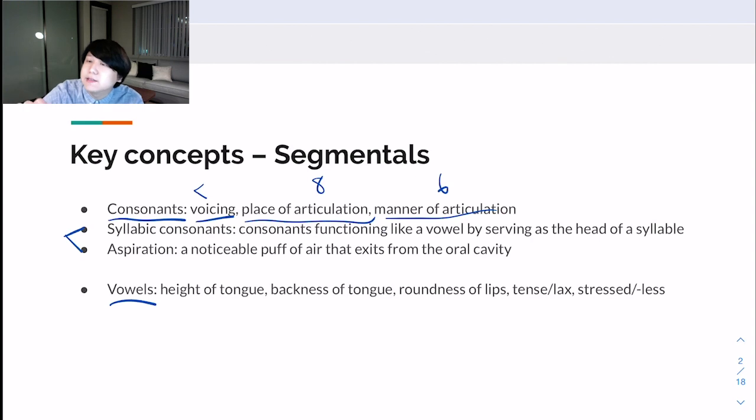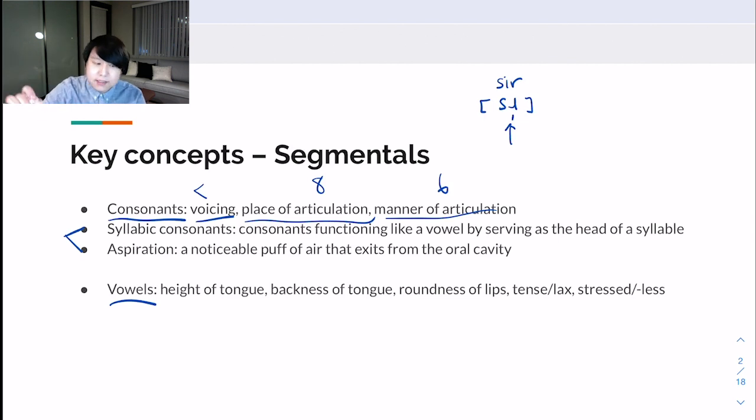For example, the word sir consists of only 2 consonants, s and r, and the second consonant r is acting like a vowel. So the correct transcription of the word is these 2 letters with 1 diacritic, a small vertical line right below the consonant letter, which means it's a syllabic consonant.